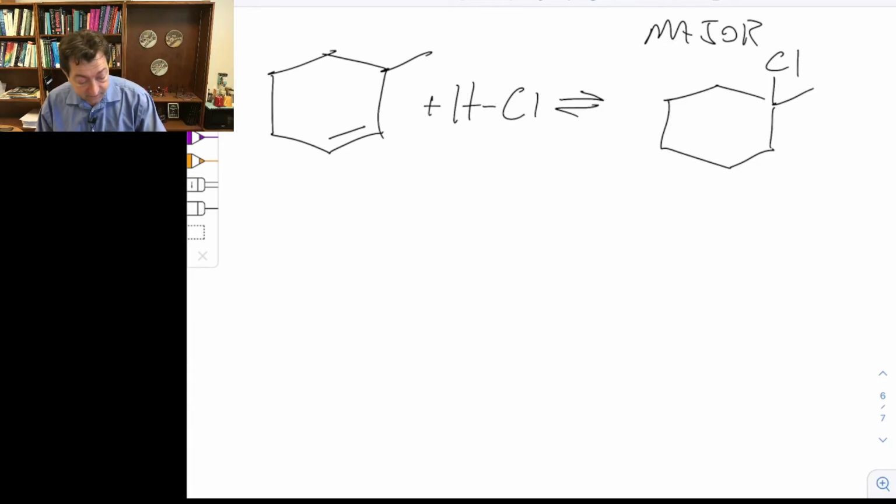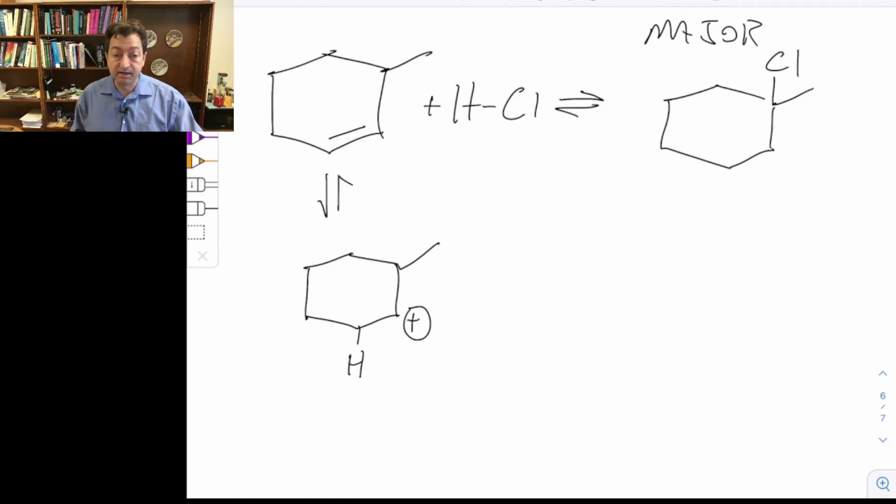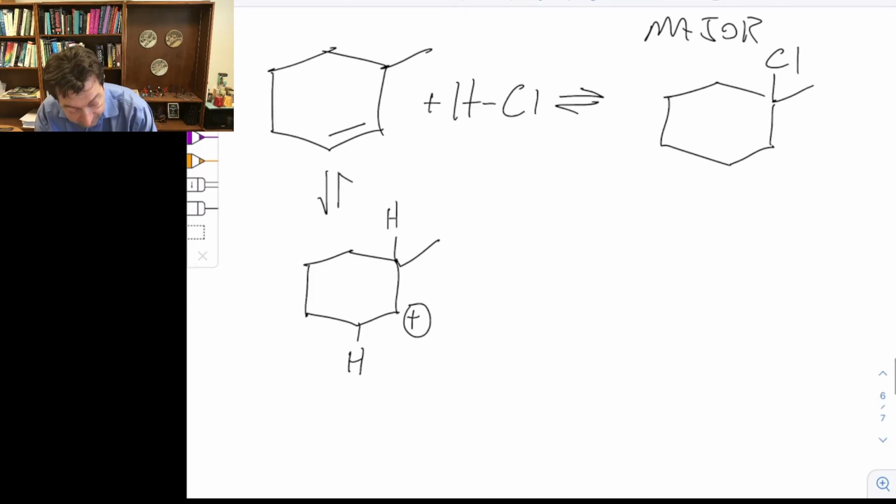And of course, those of you that have been playing along at home will recognize that if we add a proton across that double bond in this direction, we generate something that would look like a secondary carbocation, but of course we've got a hydrogen here that can undergo that 1,2 hydride shift that we talked quite a bit about when we discussed the unimolecular mechanisms in the substitution and elimination chapter.